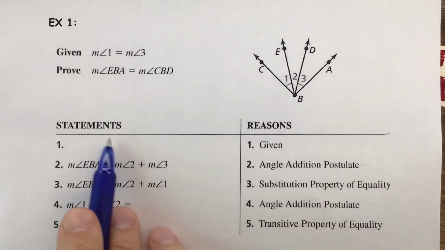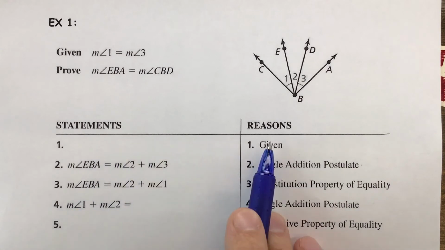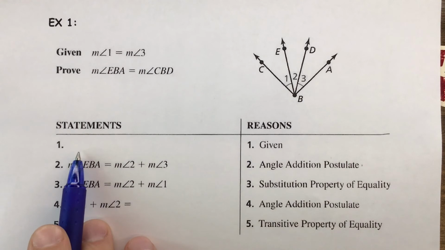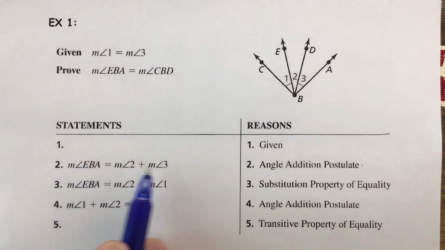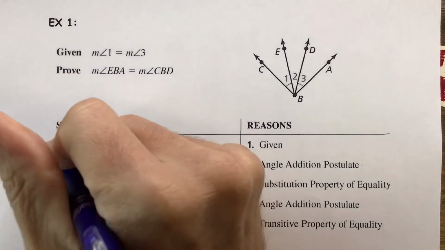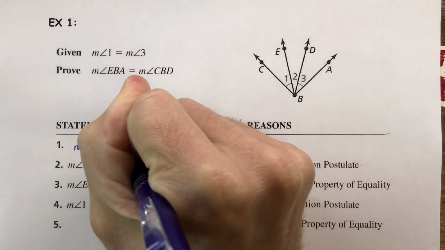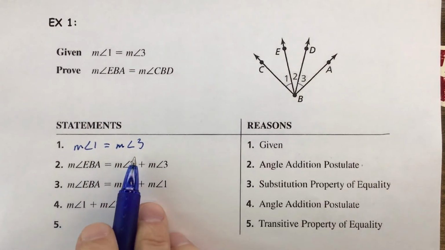Okay, so we're missing the first statement. There's nothing there. But the reason that goes with it says given. So that's information that you don't actually need to produce on your own. It's provided for you, and the given information was up here: the measure of angle 1 is equal to the measure of angle 3. So we're going to begin with that.